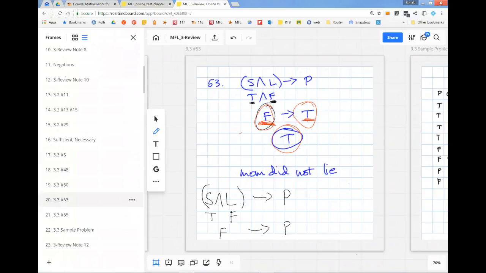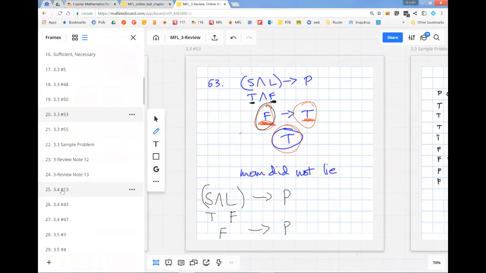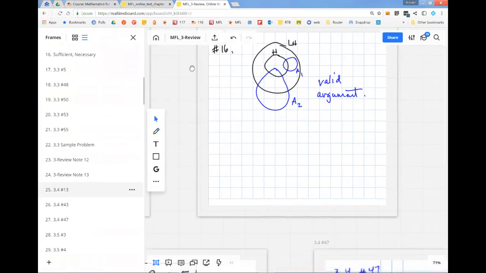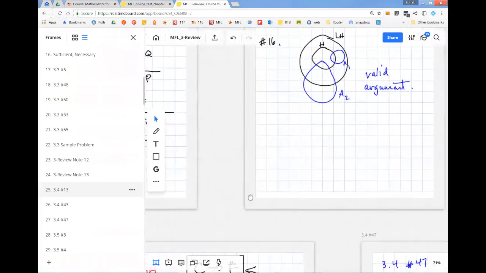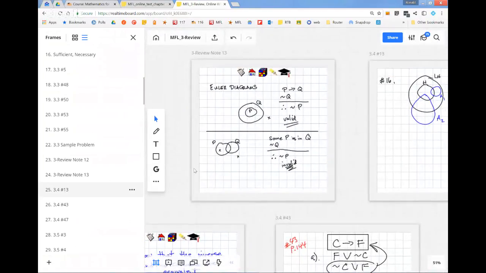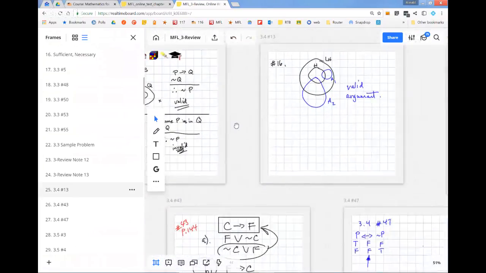Can we do 3.4, number 15? Okay, let's do it over here.